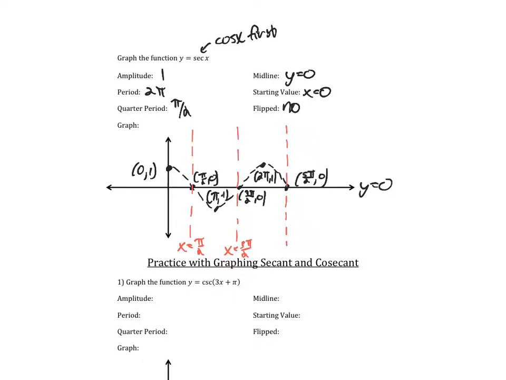On a normal cosine function, you don't have 3 points where the graph crosses the midline. In order to have an asymptote, you need the graph to cross the midline, hence why I needed to graph that extra point. And if you label your points really well in your cosine function, you don't need to label any additional points on the secant function. I know they're going to share this point.